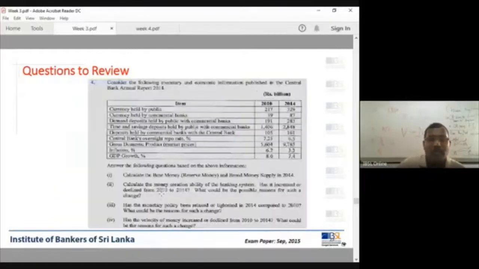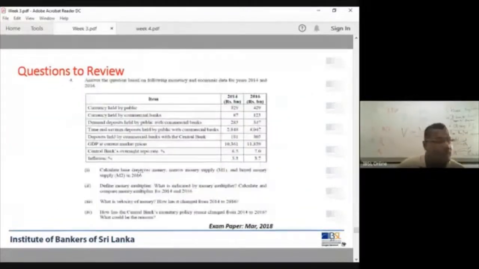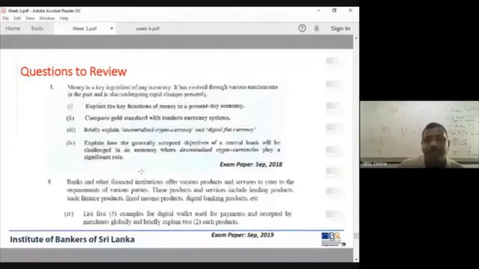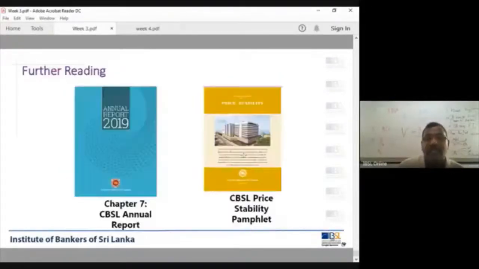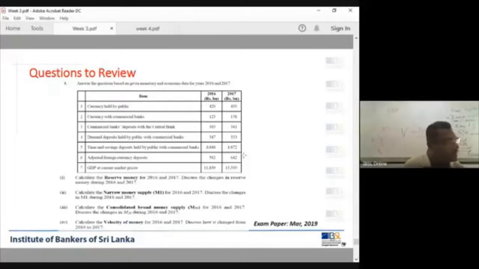I want you to try this question. This is the latest question from the paper of 2019. In the 2019 February paper, there was no direct question for calculations.